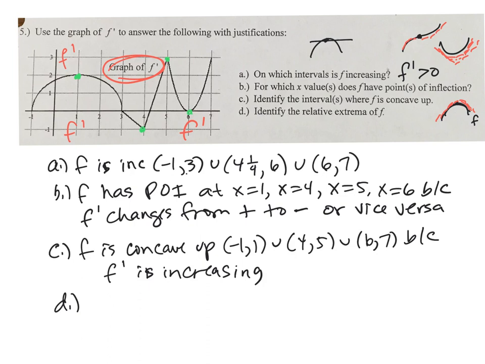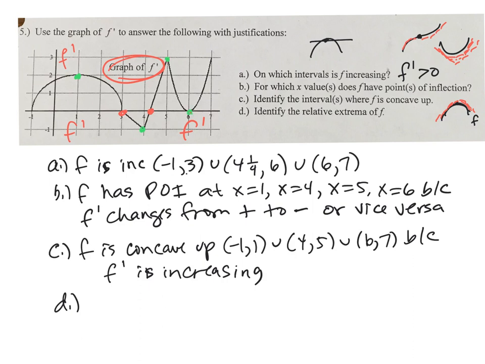All right, so in other words, as we're looking at the graph of f prime, we want to look for zeros. So we have a 0 and we have zeros. Let's see, we have zeros at 3, at whatever this is, I think it's 4 1/4.